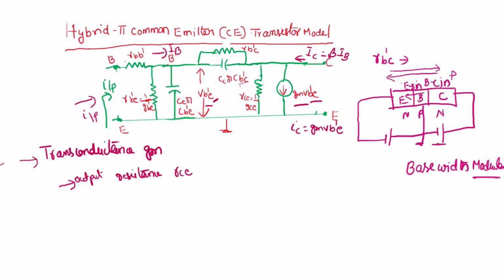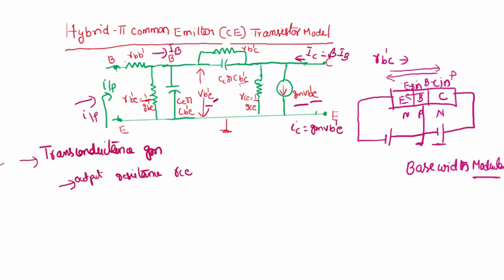In future, when we speak about this hybrid pi model, we'll speak about hybrid pi conductances, not the resistances. Here I explained all the resistances, but in future classes I'll explain conductances. You know the difference between resistance and conductance: conductance is equal to 1 by resistance.